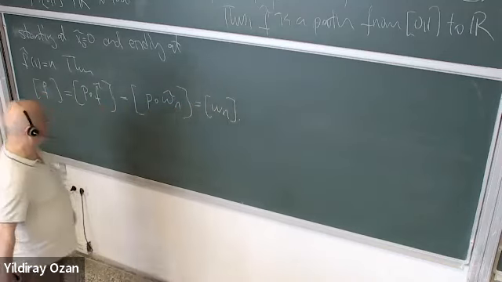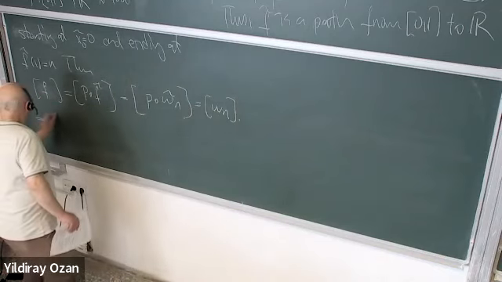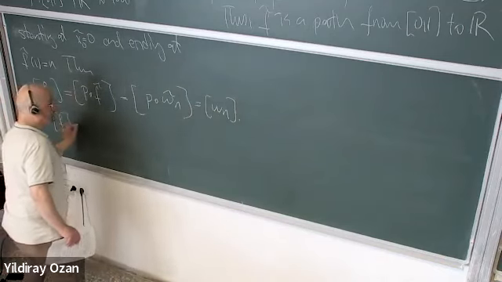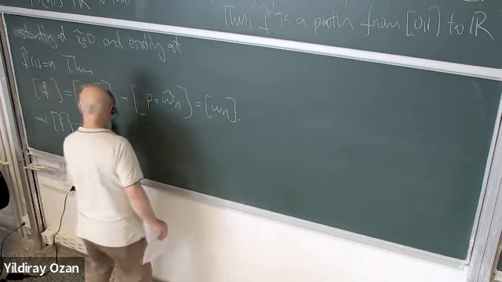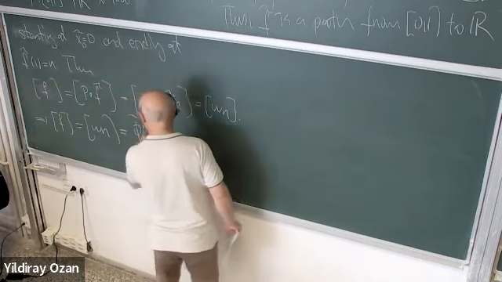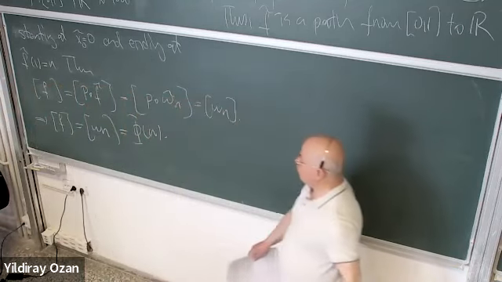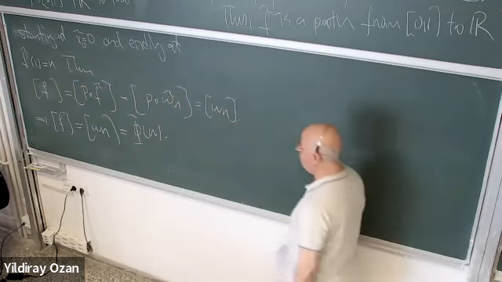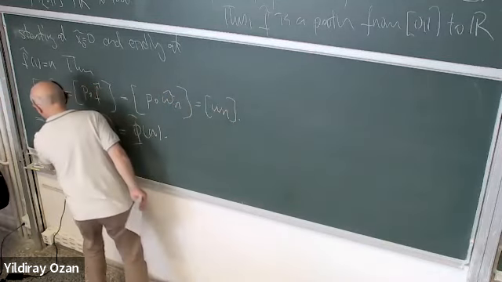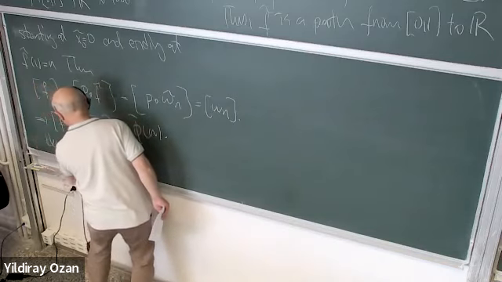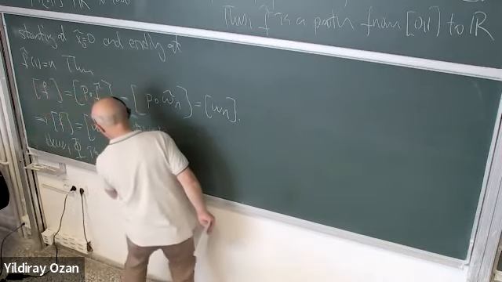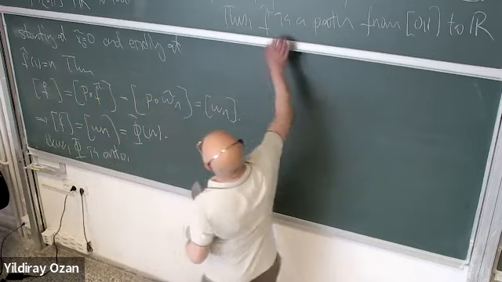So what we see is then this homotopy class is equal to this, and that is just the image of our homomorphism. Therefore, hence, this map is onto. Okay.